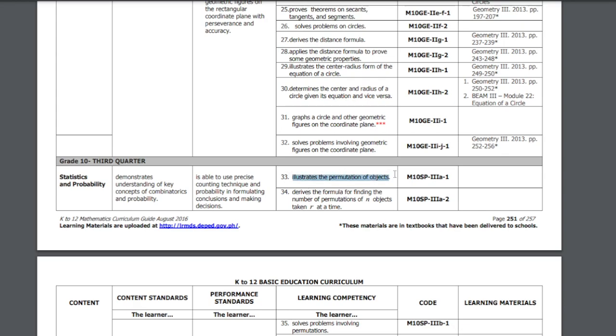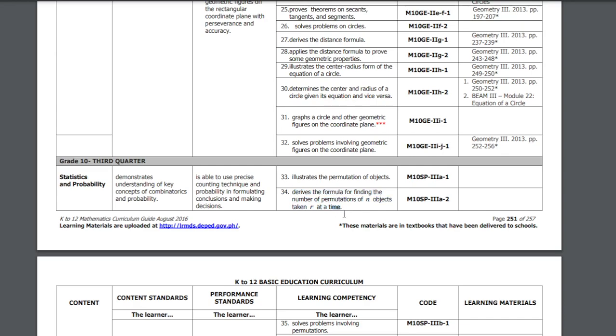And if you're not familiar with your fundamental principles of counting, which is probability from grade 8, then you're going to have a hard time here. So most likely you would have to review that before you enter the permutation of objects and derive the formula for finding the number of permutations of n objects taken r at a time.